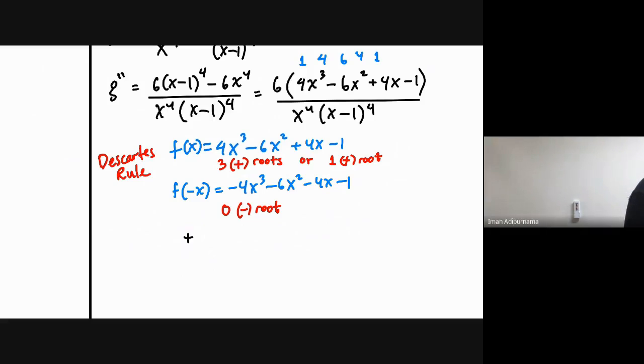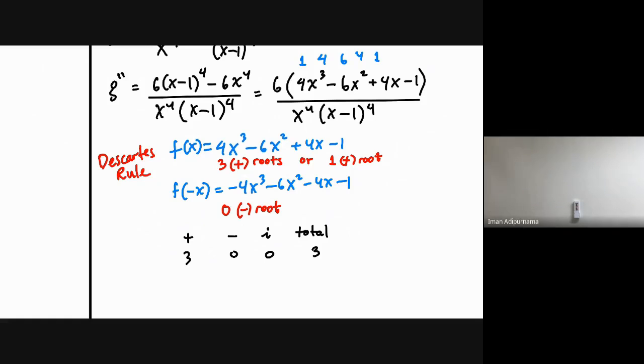And let me make a table here. Because this is a cubic, there should be three roots in total, right? So I will write 3 roots. The first way is we have 3 positive, so we will have 3, 0, and 0 imaginary.